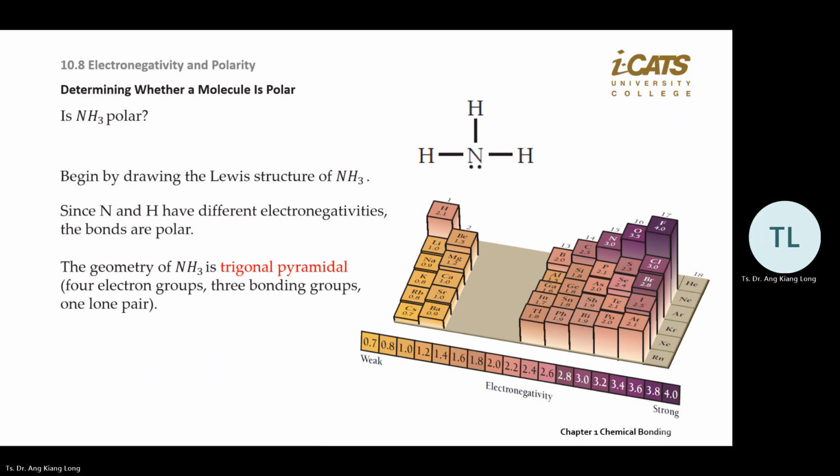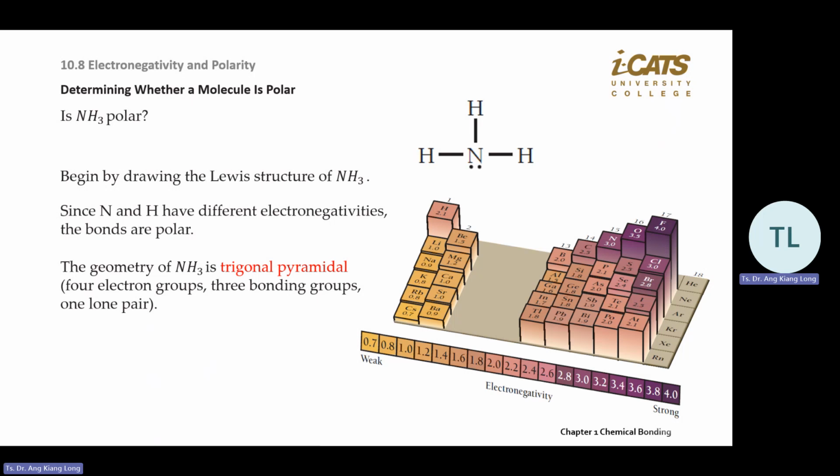Geometry, you check the table. Do you agree it's trigonal pyramidal? Are you able to see? How many electron groups? 3 or 4? 4 electron groups. Bonding groups? 3. 1 lone pair.